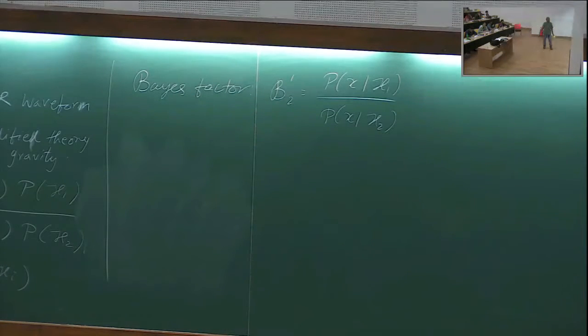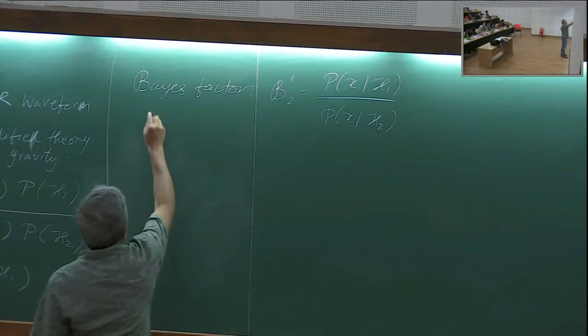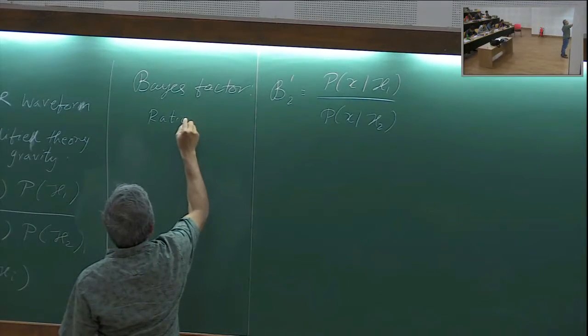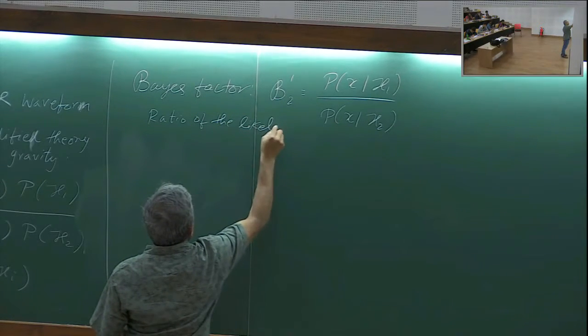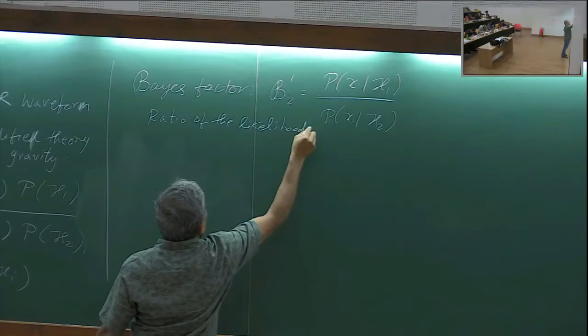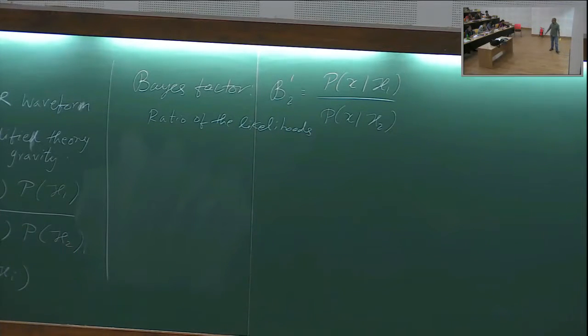So it's the ratio of the likelihoods, and that's really the key factor in determining what the odds ratio is.